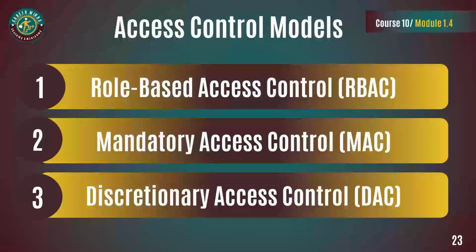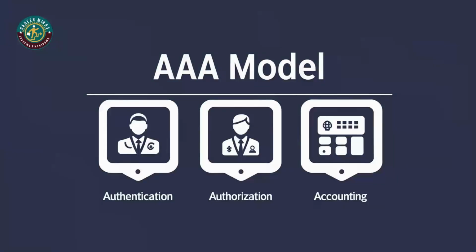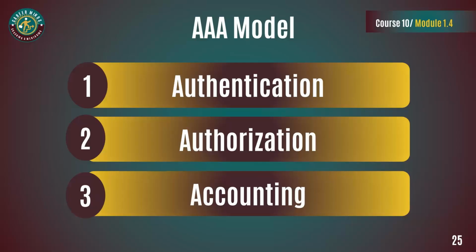So let's now shift our attention to another model, which is the AAA model: authentication, authorization, and accounting. To manage access effectively, we use a trusted framework known as the AAA model. So let's unpack each of them, and I'll use real-life analogies for you to understand a little better.